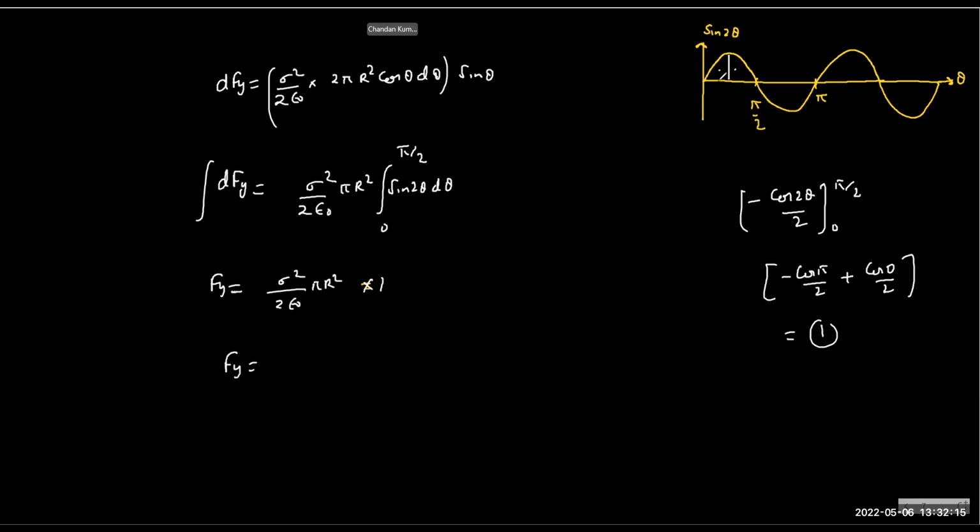Now if you shrink the graph, it becomes half and half; for the full graph, it was 1 and 1. So this will become sigma square by epsilon naught into 1 by 2 into pi r square.